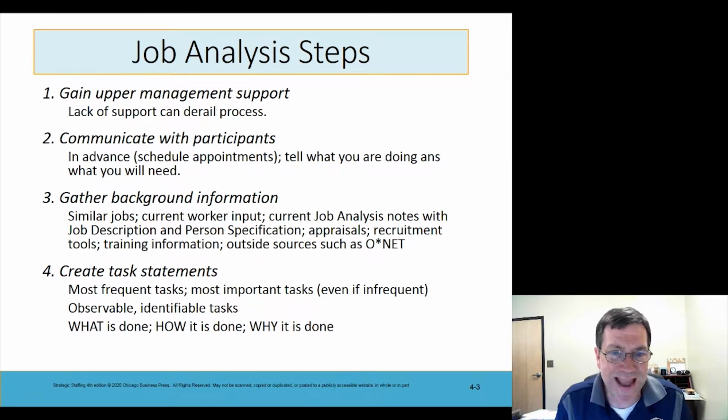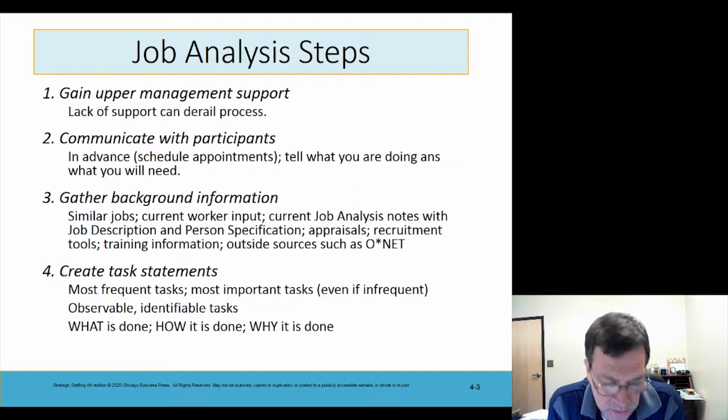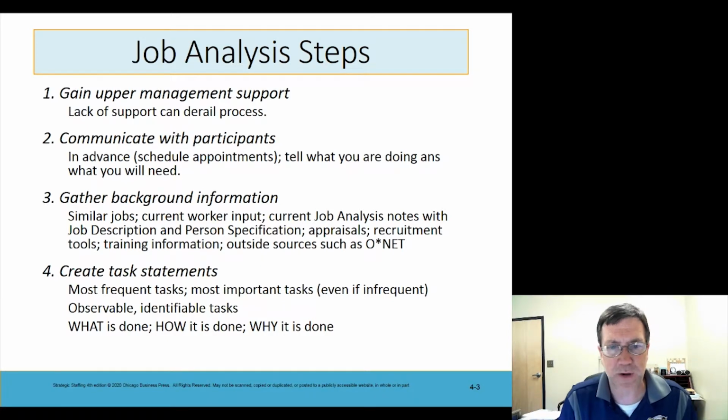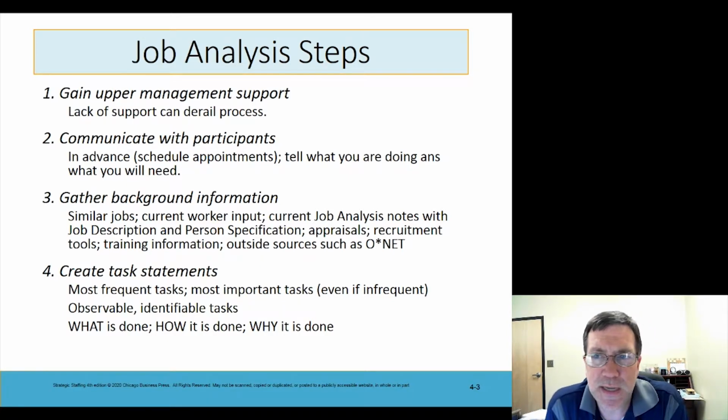All right. The next step is to create task statements, and this is probably happening while you're talking to the participants. So you've set up an appointment time with them, you've done some research, now you're talking to them, and you're comparing what you hear from them with what you've learned from your background information, and you're beginning to say, okay, there's some overlap here between what I've seen and what I'm hearing. These seem to be pretty common, these seem to be pretty important.